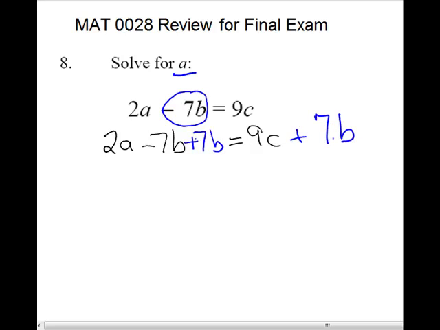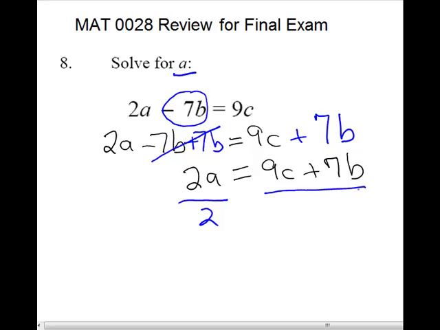Vertical notation does not work so well with formulas because you don't get like terms. So we have 2a equals 9c plus 7b. Nothing you can do. Those are not like terms. We're trying to get the a. So go back on that side and you're going to divide out your 2. Just do it under the whole piece on this side.